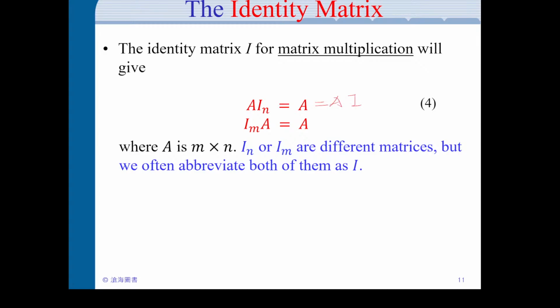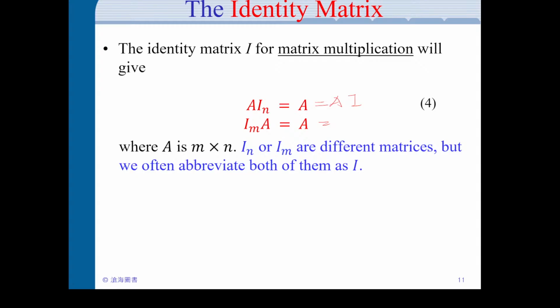So if A is an n by m matrix, then if we multiply on its right by the identity matrix I_m, you will go back to the matrix A, and then if we multiply on its left with the identity matrix I_n, we'll also get back the matrix A. Oh, sorry, I wrote this wrong.